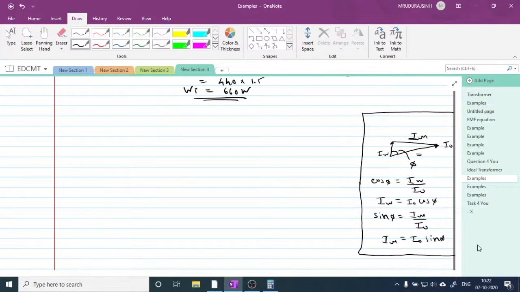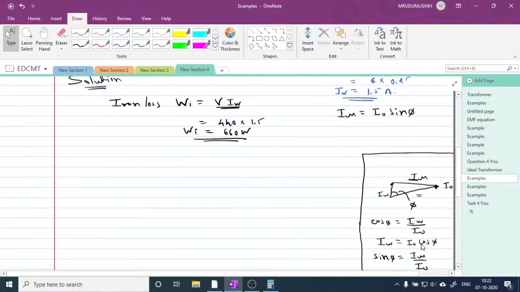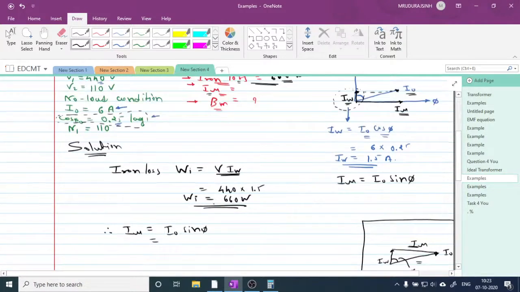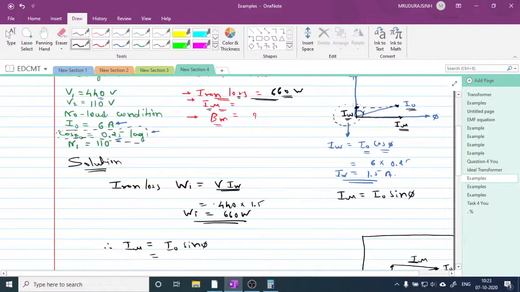So from this logic of the sin phi angle, we can get I mu is equal to I0 into sin phi. Now the next task is to find I mu. Do we know the value of sin phi? No, we don't know what sin phi is. But how can we get sin phi?